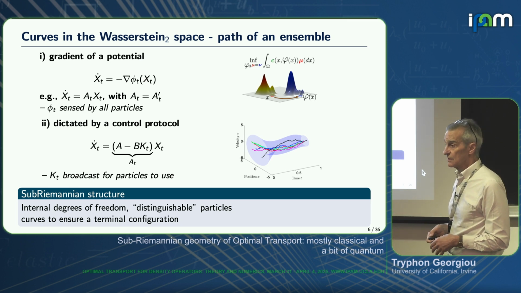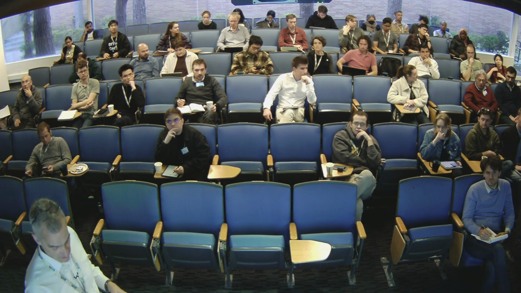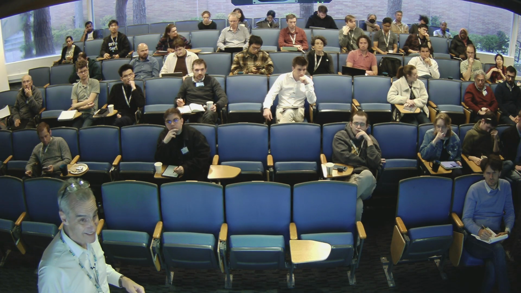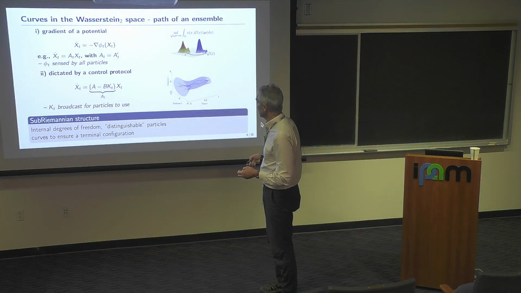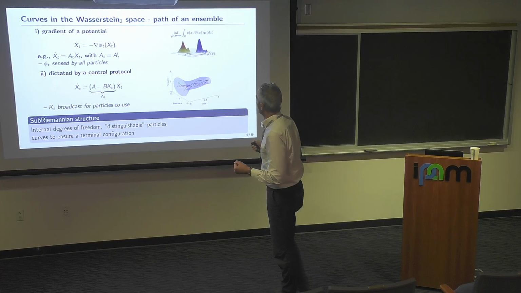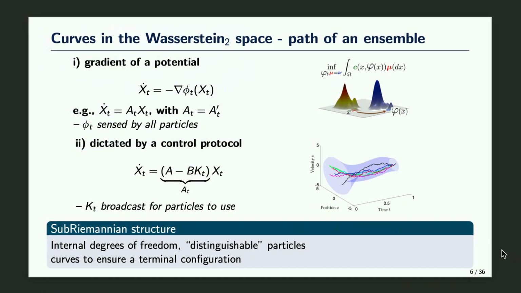Tryphon? Yes. Have the rhos from the previous slide been promoted to phis on this slide? Sorry, what's that? The rhos, are they phis now? The rhos are rhos. Or you had the flow of rho_t's? Right. Let me see here. Where are the phis? There are phi_t's sensed by all particles. No, phi is the same as before. It's the same phi as before. Is the velocity. Sorry, which one? The phi. Oh, no. Okay, phi is the potential. And throughout, I'm going to use phi for the potential.